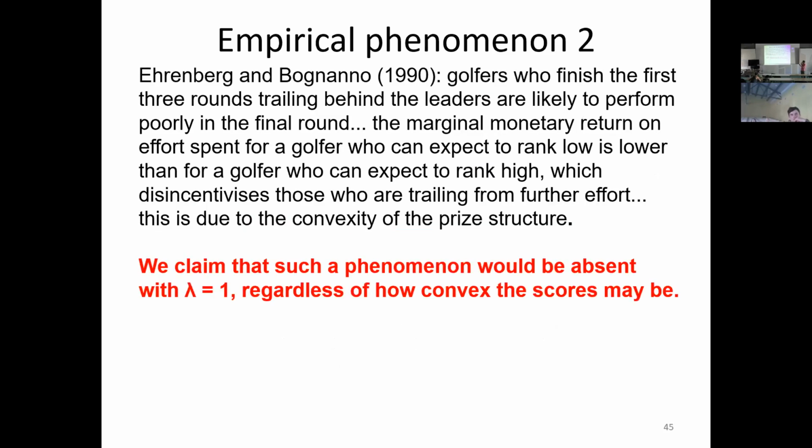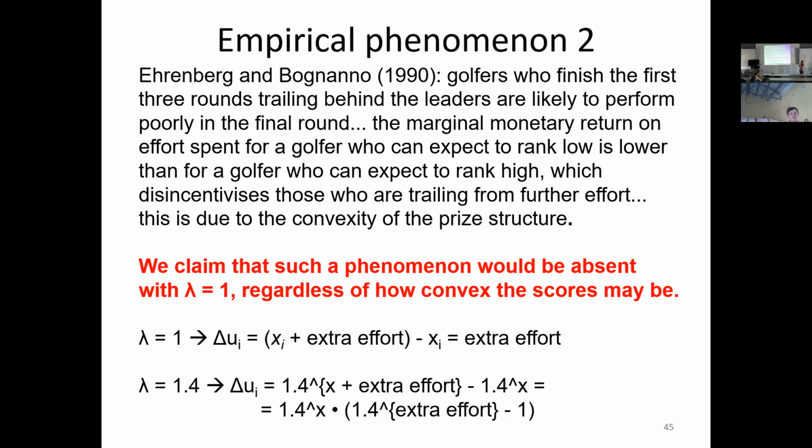And another empirical phenomenon, so I will just mention it. It's about efforts that competitors apply in the final stage of a golfing event. Because if lambda is more than 1, it means that if you are lagging behind the leaders too much, your efforts on average will give you less money and points than if you are close to the top.